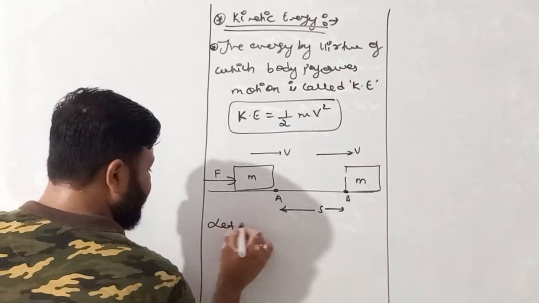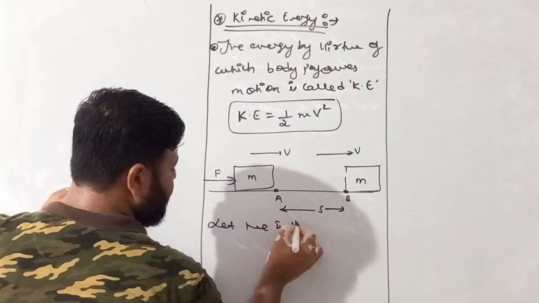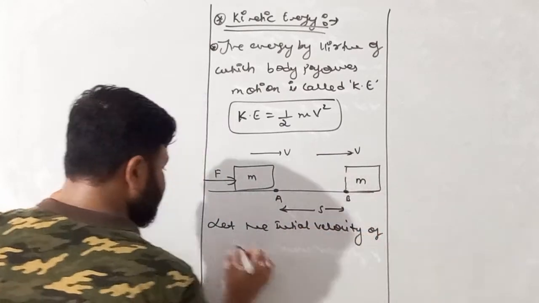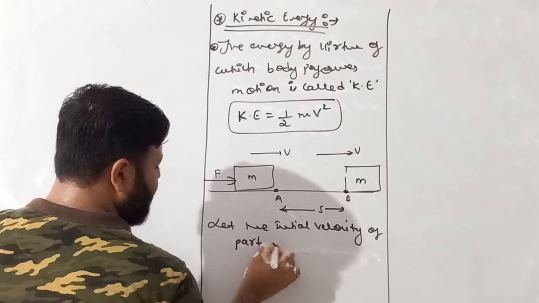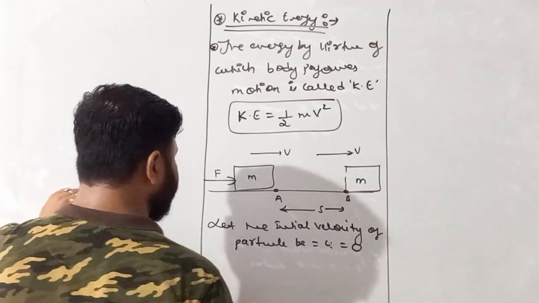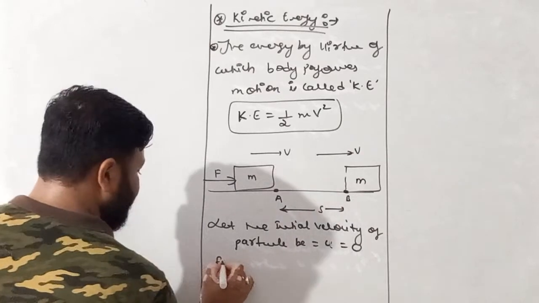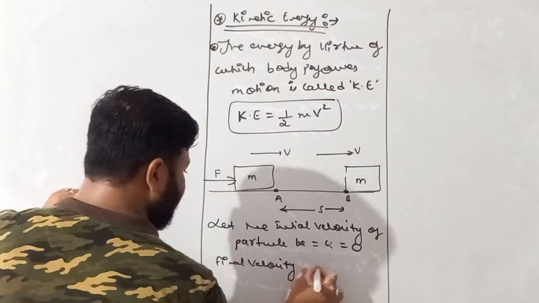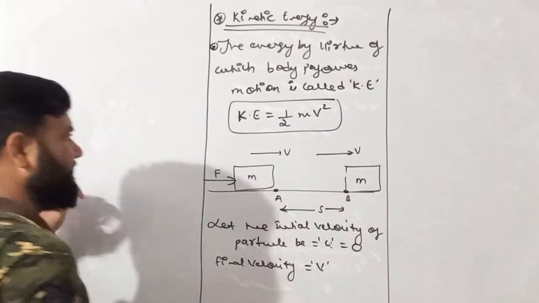So let the initial velocity of the particle be u, which equals 0, and the final velocity of the particle be v.